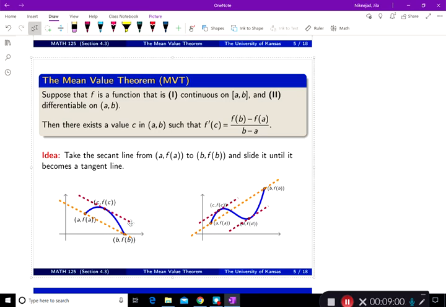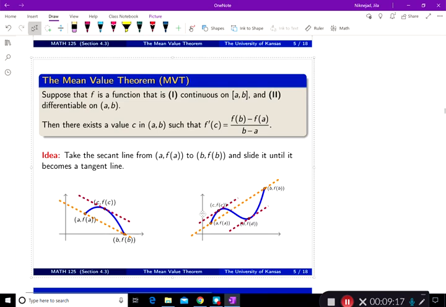So this sliding gives you some idea about how the proof actually goes for the theorems.